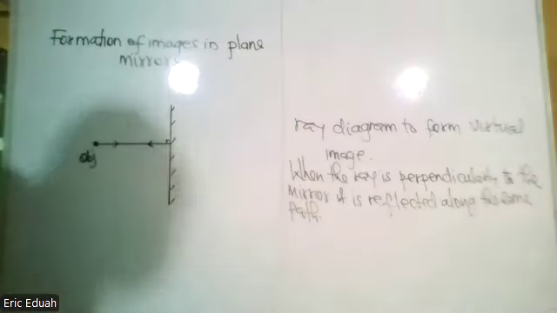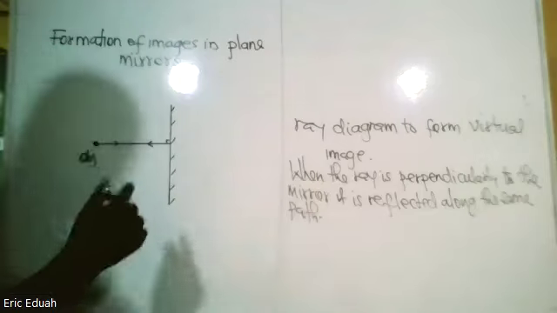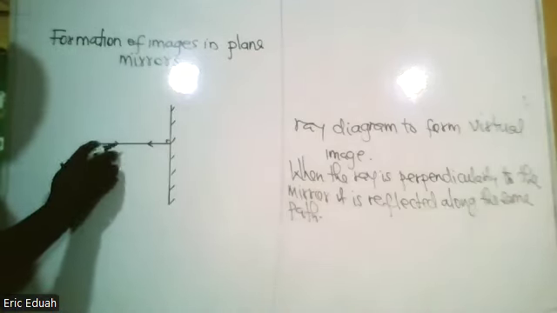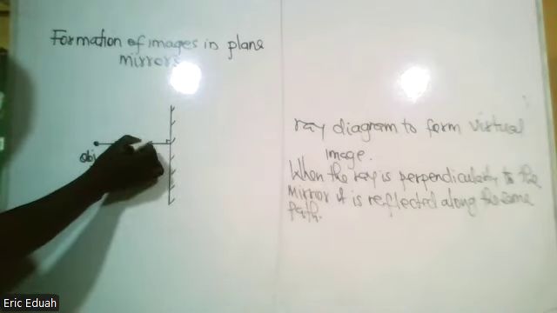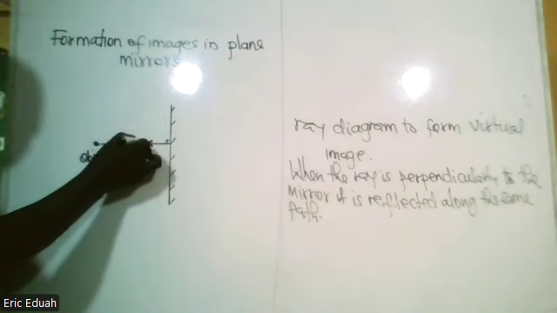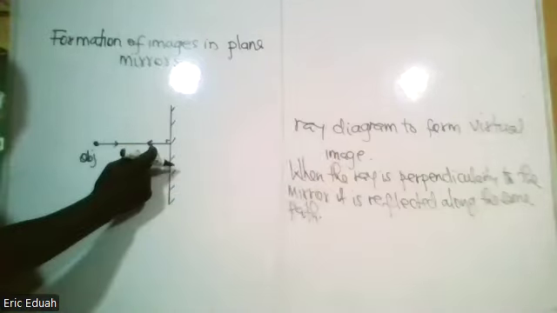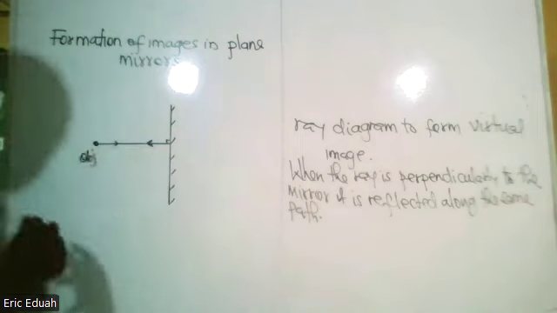That's the first rule. So once the ray hits the mirror at an angle of 90, the reflected ray takes the same path as the incident ray. So this arrow indicates incident, and the second arrow shows reflected along the same path.